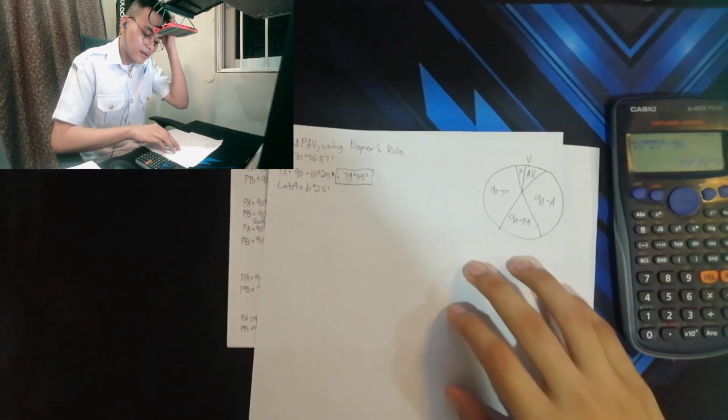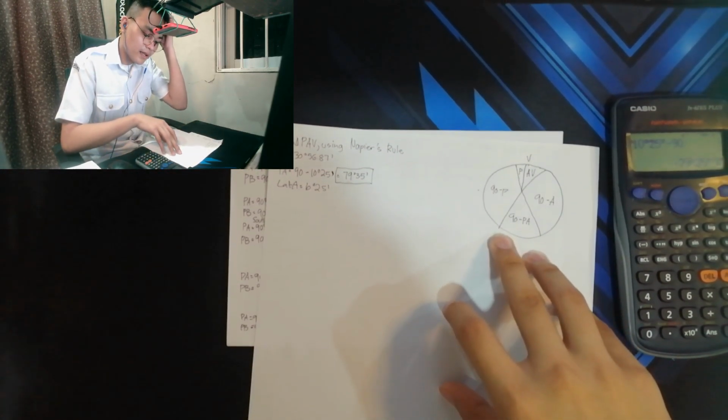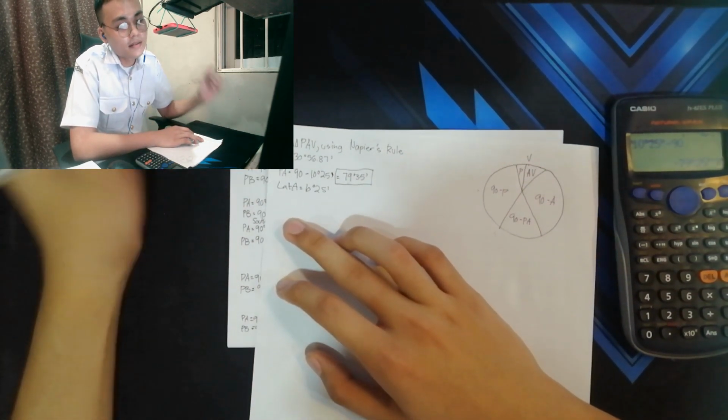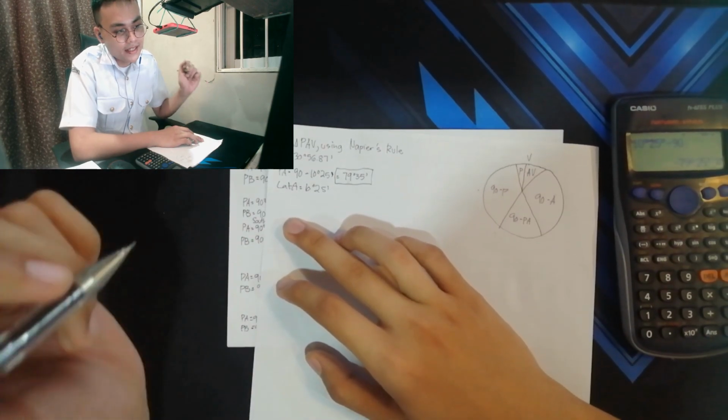So here, with the use of the Napier circle, let's write the formula in getting the vertex.